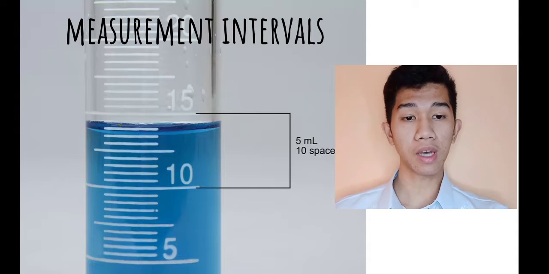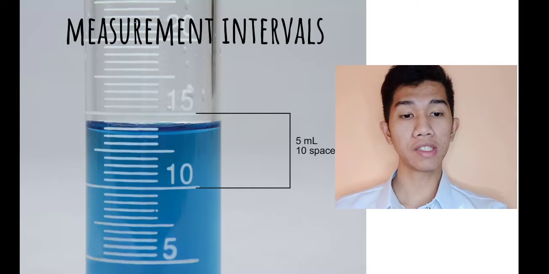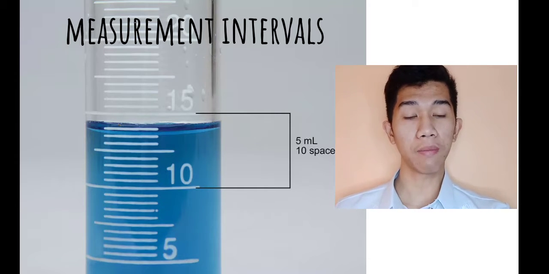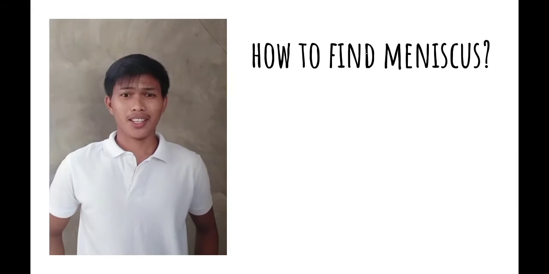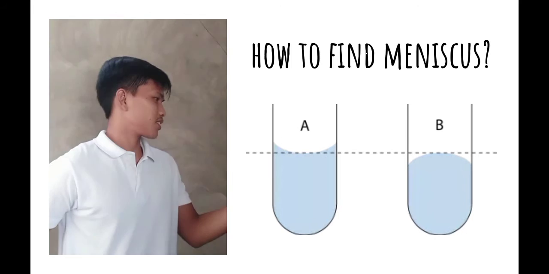So, the sample graduated cylinder measures accurately to 0.2 ml. Reasonable estimation can be made if the measured liquid lies between the marked intervals, but this estimated reading will be less accurate.